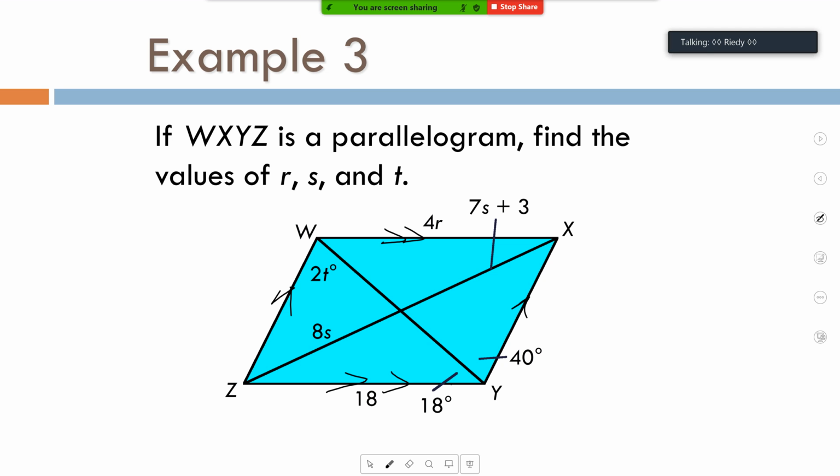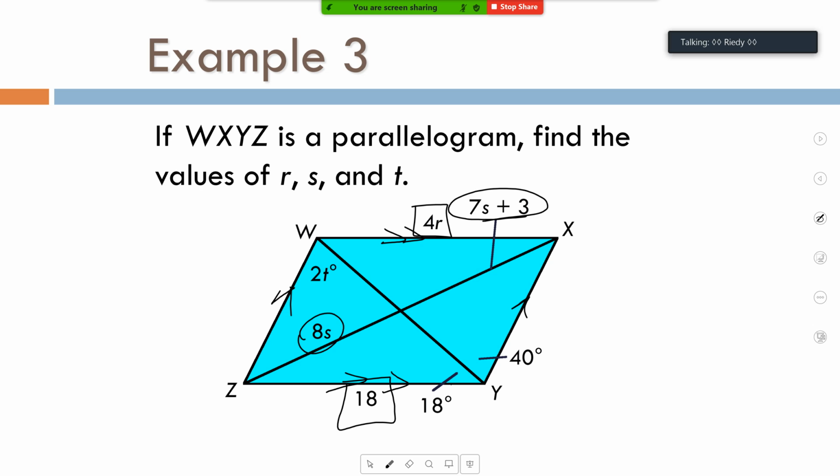Using all the parallelogram properties we already talked about, I know that this is going to be equal to that because the diagonals bisect each other. Set 8s equal to 7s plus 3, solve. Bingo. I know that this is equal to this because opposite sides in a parallelogram are congruent to each other.